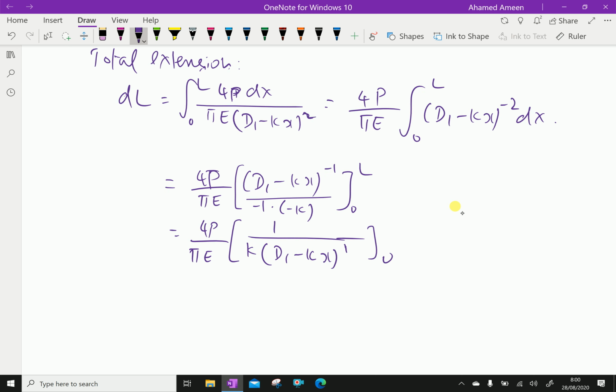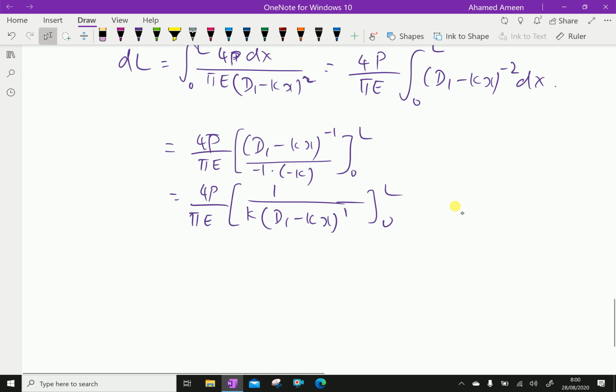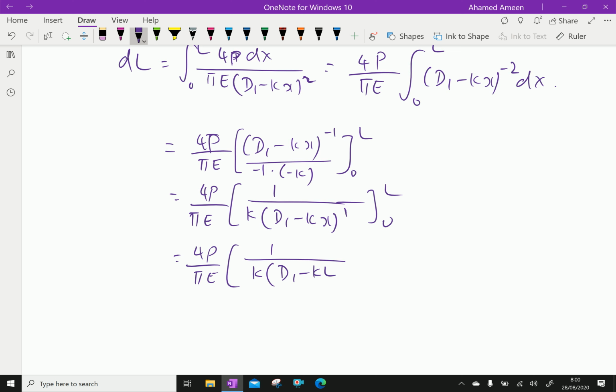Now from 0 to L, we will give the values. 4P by pi E, 1 over k (D1 minus kL), minus the value at 0, which gives 1 over k into (D1 minus k into 0).